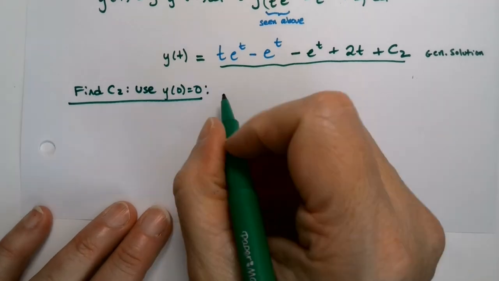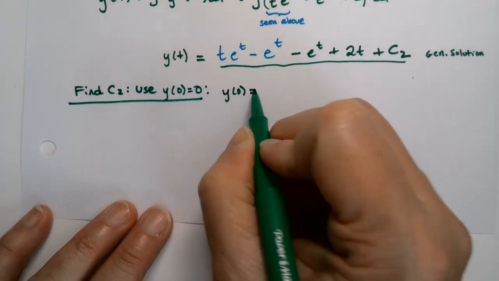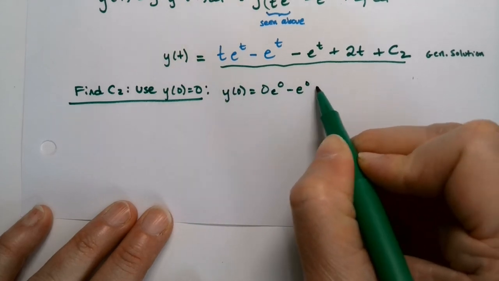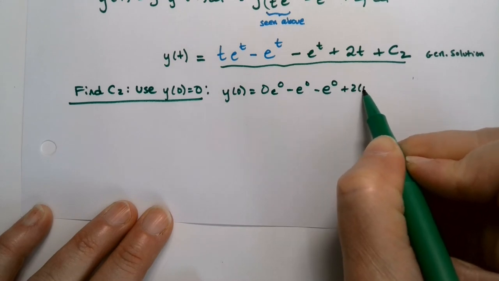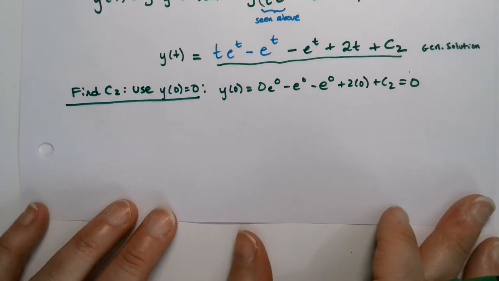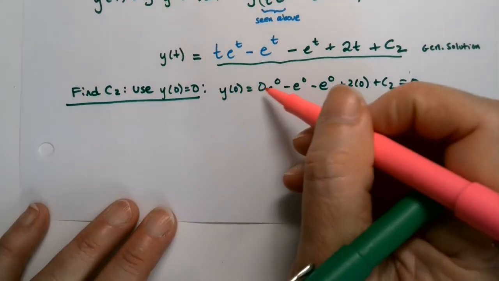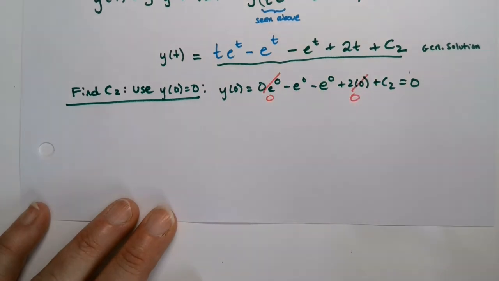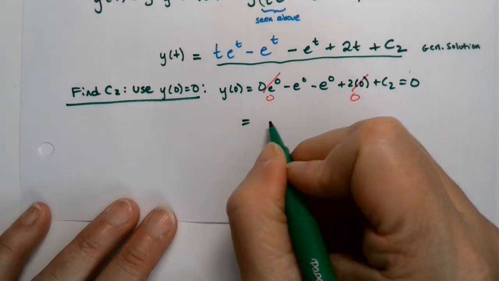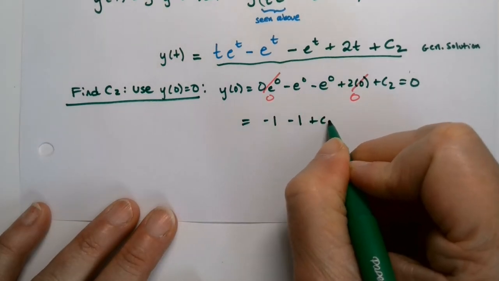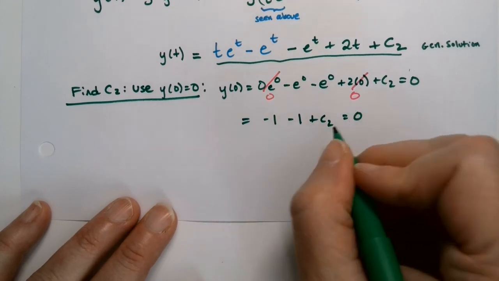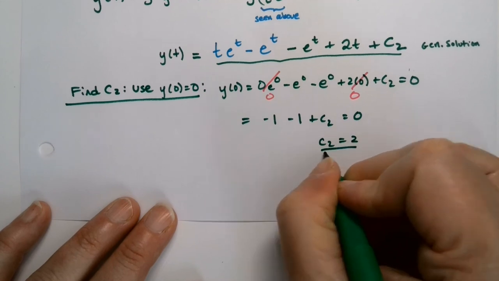So y of 0 would be equal to 0 times e to the 0 minus e to the 0 minus e to the 0 plus 2 times 0 plus c2, and the whole thing has to be equal to 0. Well, that's 0, that's 0, so those are gone. These are each 1, right? So it's really minus 1 minus 1 plus c2 equals 0. So I would add these two over to the other side, and c2 is equal to 2.